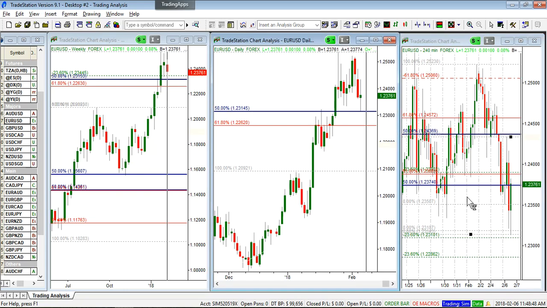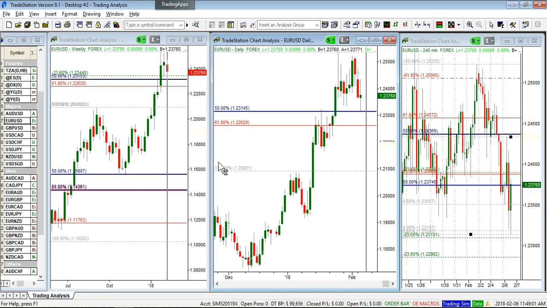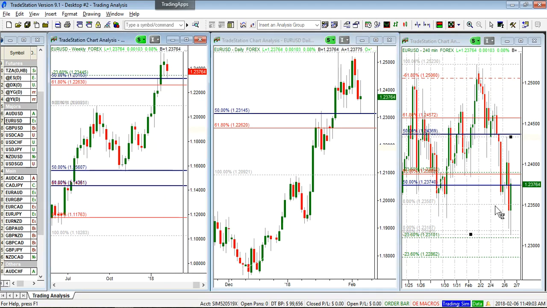The market is right at that level, so if we get a reaction from here, we could see this market reversing into and retesting the 123.14. If that's not the case, then we're going to see possibly even a retest of previous highs, if not higher highs as well.